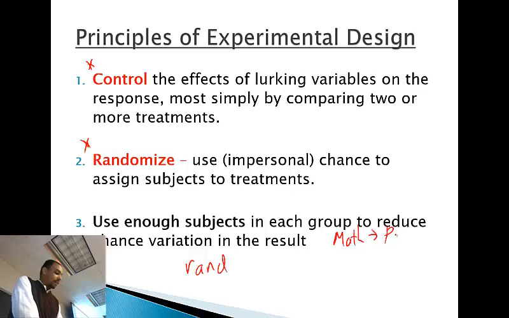So random integer function. So go ahead and identify 10 people to sample or to administer some treatment to. And I would do something like that. Random integer 1 to 500, 10 people.